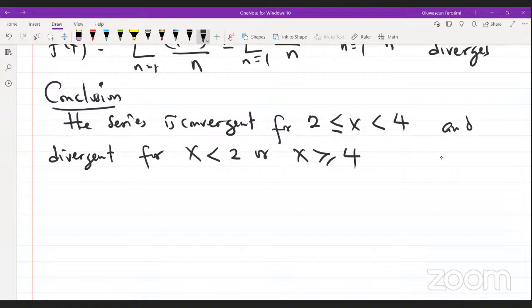Now, if I ask you what is the domain of f, that is the domain of convergence. The domain of convergence is just going to be [2, 4). Or we can just call it the interval of convergence.